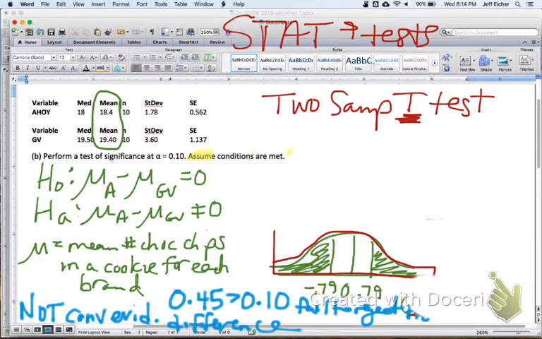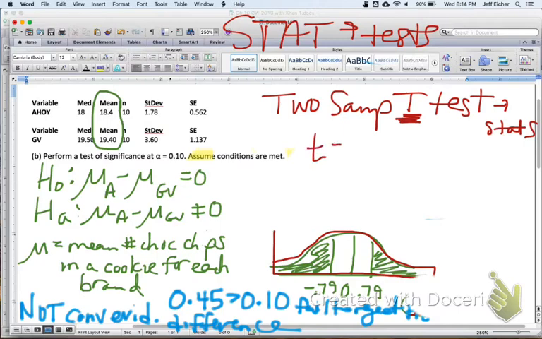So I'm going to select stats. And I'm going to type in x bar 1 is 18.4. S1 is 1.78. The sample size was 10. X bar 2 was 19.4. The standard deviation of Great Value 3.6, another 10. Not equal to, never pool, and calculate.